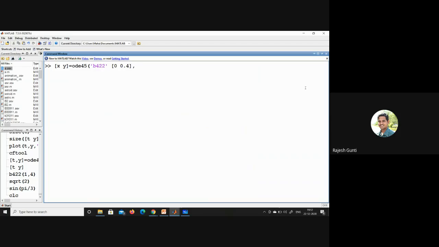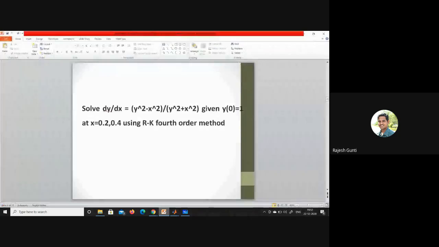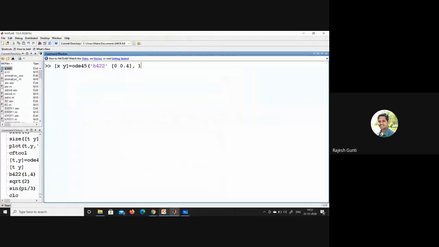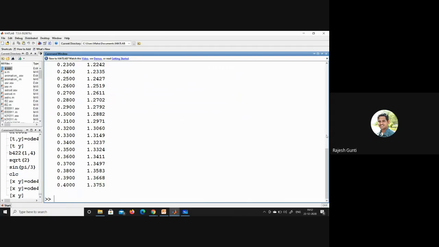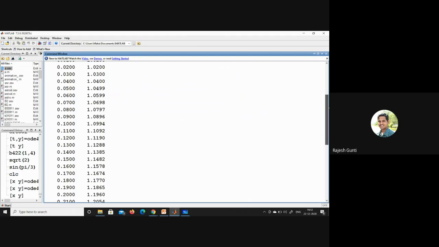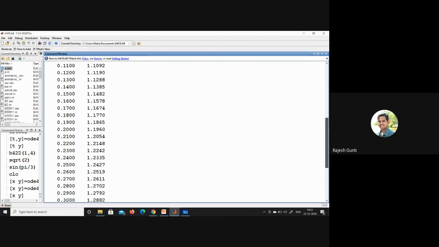What is the initial value? Again, we have to depend on the initial value, which is 1. I forgot a comma here. Now the solution is [x, y] over 0 to 0.4.